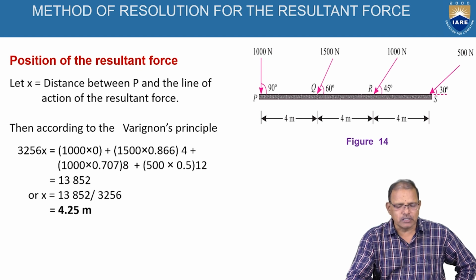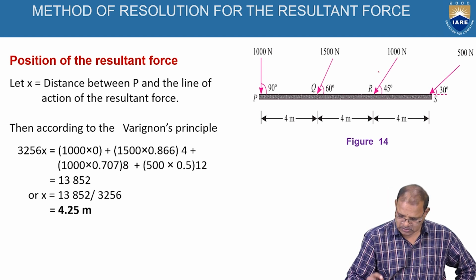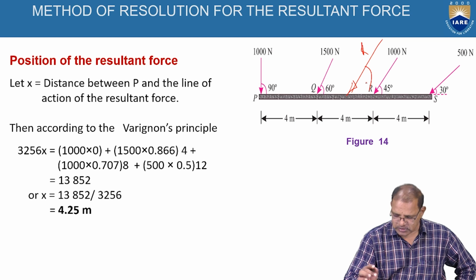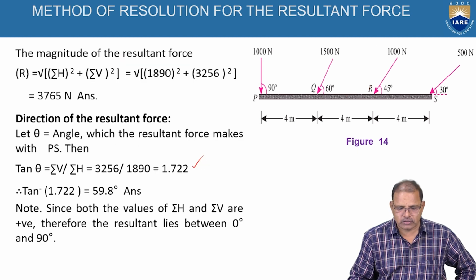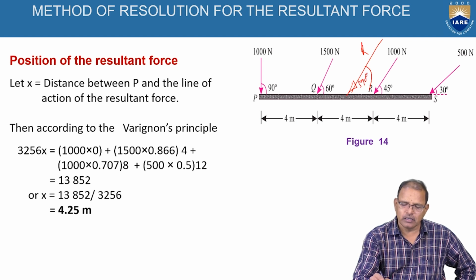Now, the position of the resultant force. Let x be the distance between the point P and the line of action of the resultant force. Somewhere at x it is there. The theta value is also given, which is 59.8 degrees.